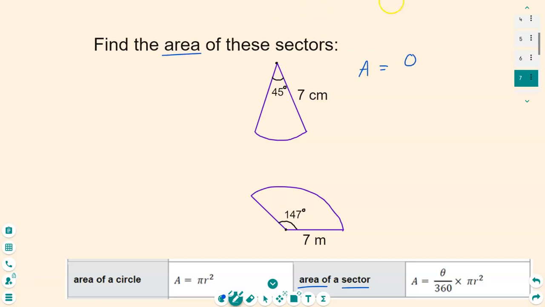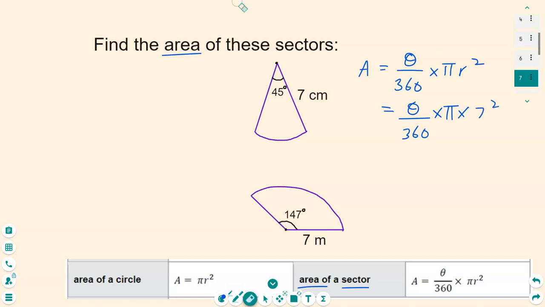Area equals theta on 360 times pi r squared, equals theta over 360 times pi times 7 squared. And actually, we know what theta is. Theta is this angle inside the sector, 45.